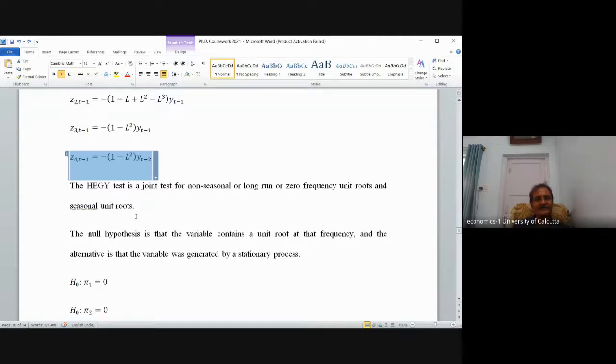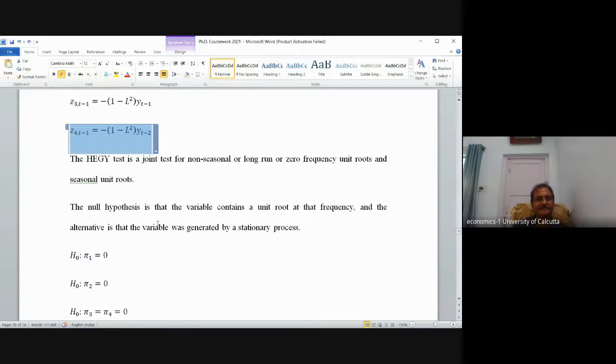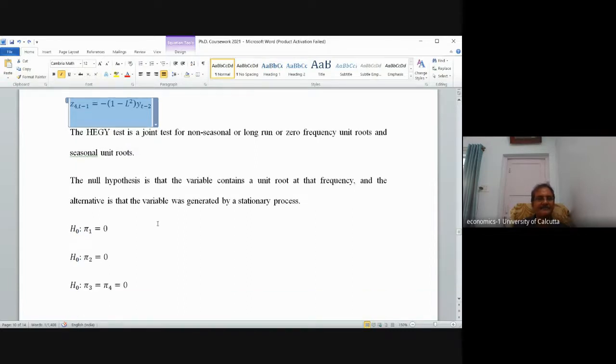Now here, the null hypothesis to be tested is, you can write H naught: pi 1 is equal to 0. H naught: pi 2 equal to 0.